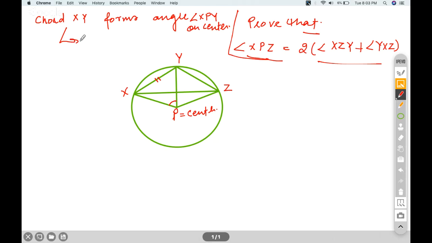And the same chord XY is forming angle XZY on circle. So angle XPY would be equal to 2 times angle XZY.